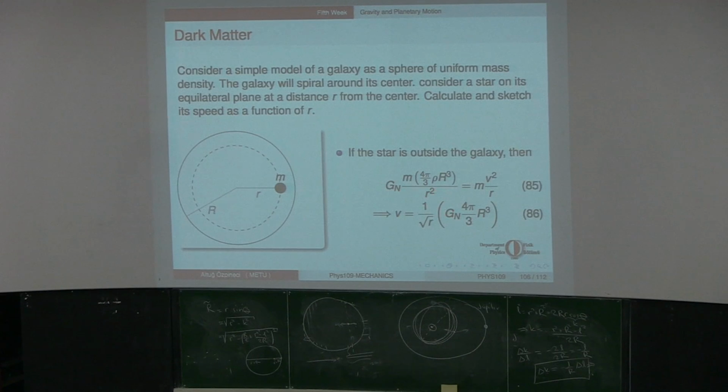R is still the distance of my star from the center of the galaxy. This should be equal to mass times v squared over r. And this tells me that for any star that is outside the galaxy, the speed of that star should change as 1 over the square root of the distance. So this is from our basic knowledge of mechanics, circular motion and gravitational attraction. This is what we should see. If we don't see this behavior, then we know that there's something wrong.